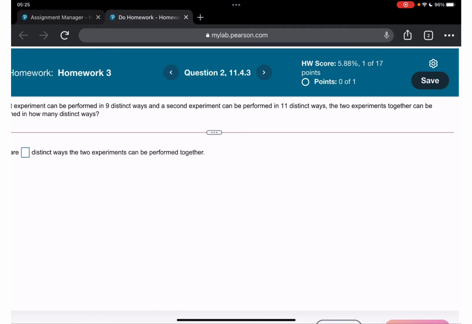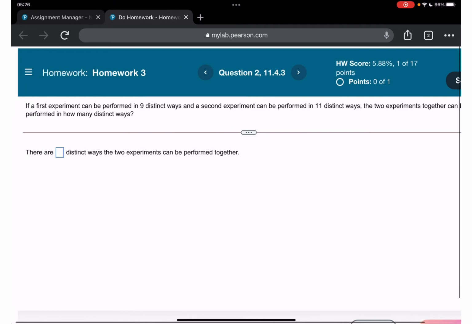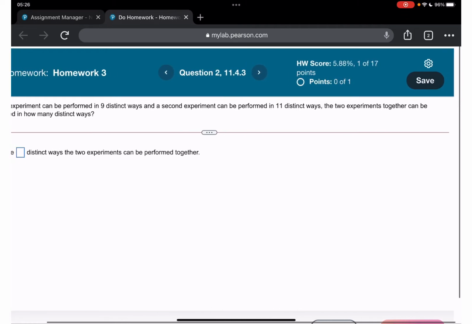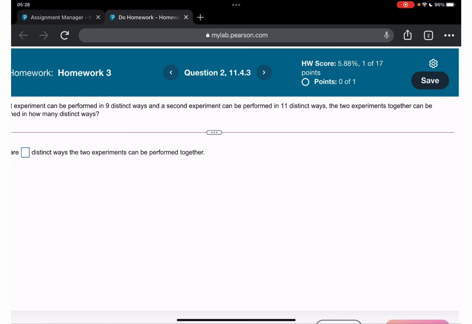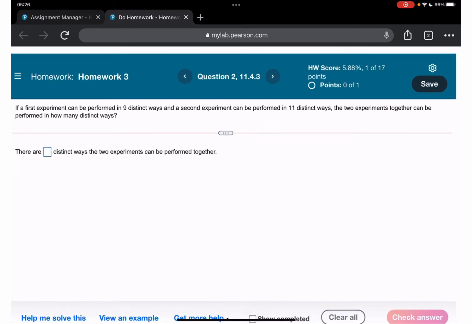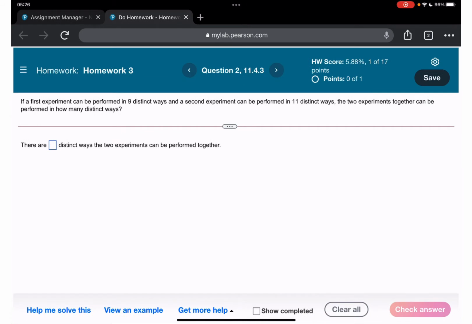Every time you hear both, which means and, right? This experiment and that experiment, every word can be replaced with the word and.